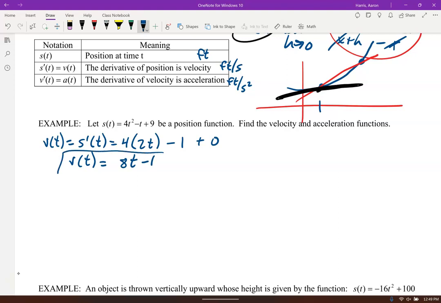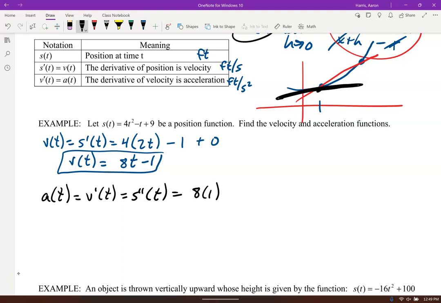There's our velocity function. And our acceleration would be the derivative of that velocity, which is the second derivative of position. So now we take the derivative of 8t, so 8 times 1, minus the constant. So the acceleration is just 8. If this had units on it, it'd be like 8 feet per second squared.